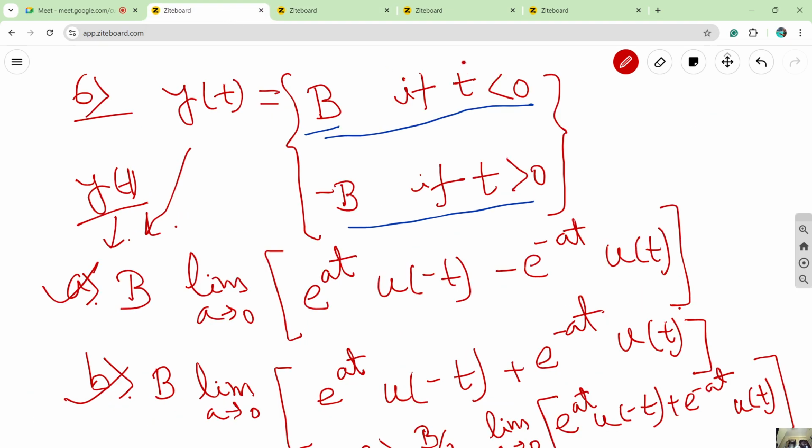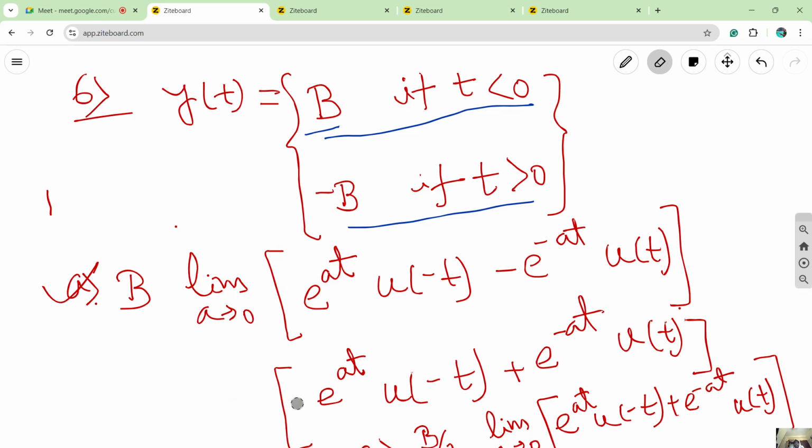Okay. So the next question is that you have to find the Fourier transformation of this particular function yt. So this was the right option. You just cannot add them up or just cannot take the half.